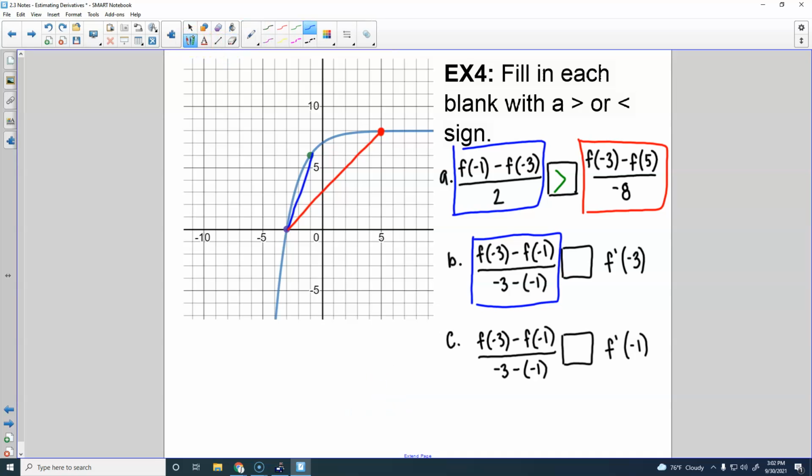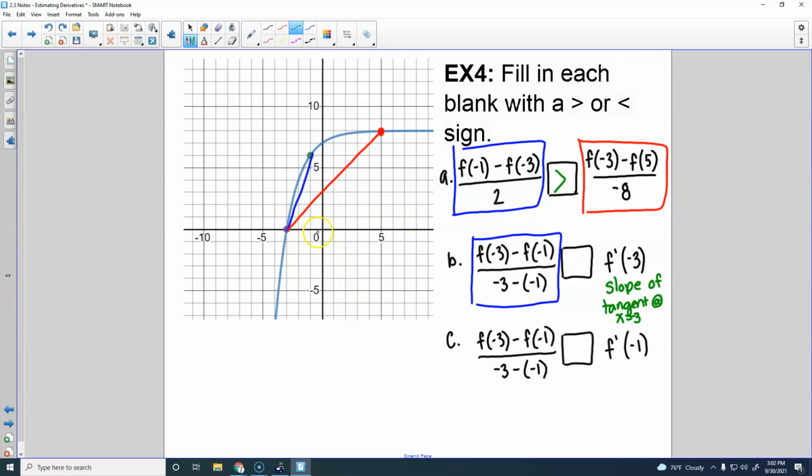Okay, so what is f prime of negative 3? The slope of the tangent at x equals negative 3.